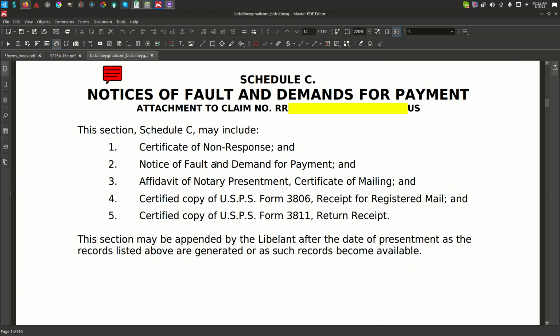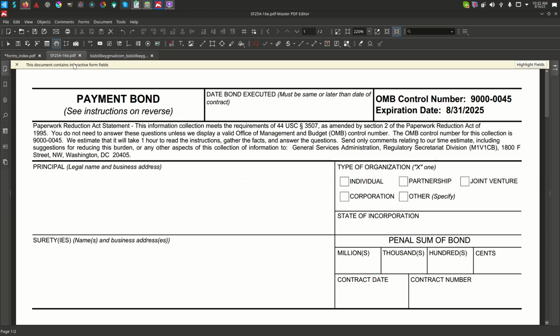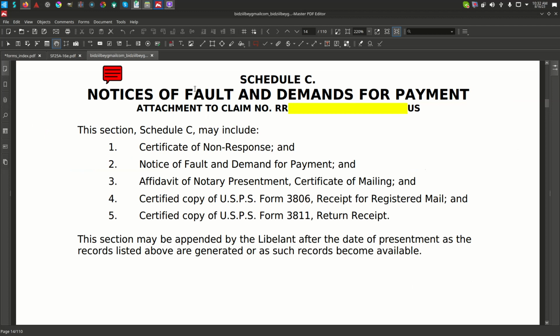So let's go here. If you're doing a Schedule C on an admiralty claim where you already got an effective Schedule A, and you're dealing with a notice of fault, demand for payment, what insurance will you use for a notice of fault, demand for payment?